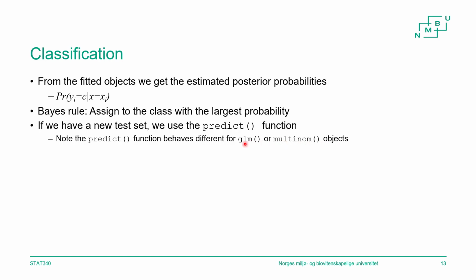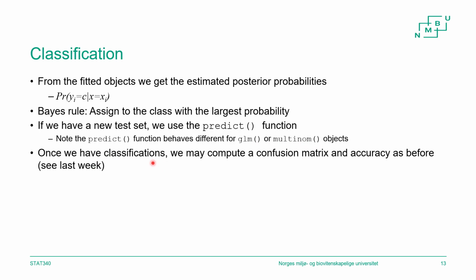It's a little bit unfortunate that it's different here, but that's how it is. Once we have classifications, we may of course compute the confusion matrix and accuracy, and as we did last week, I will not repeat that because that's pretty obvious. Once you have classifications, you can do exactly as we did after LDA or QDA. It's only the way you compute the probabilities that separates LDA from logistic regression.